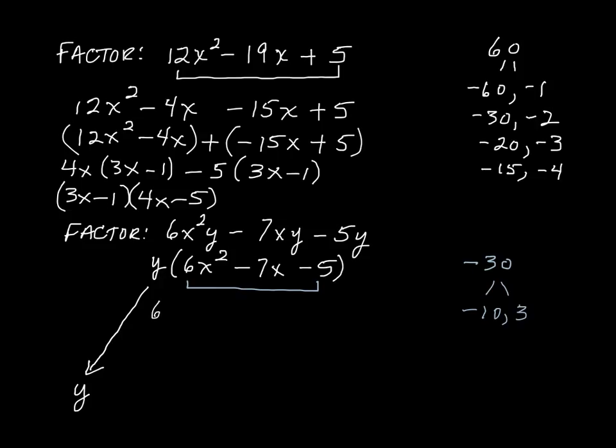So we have 6x squared minus 7x, but we're going to break it up into the plus 3x minus 10x minus 5.